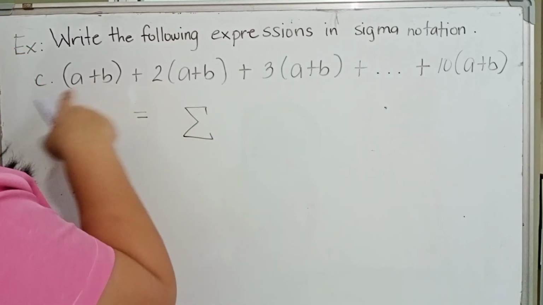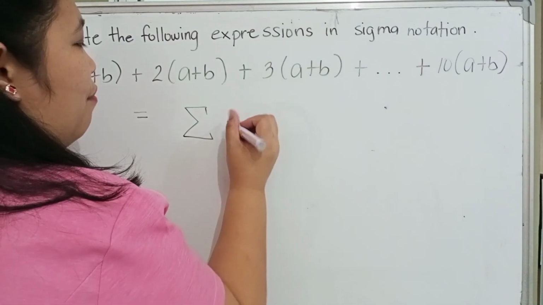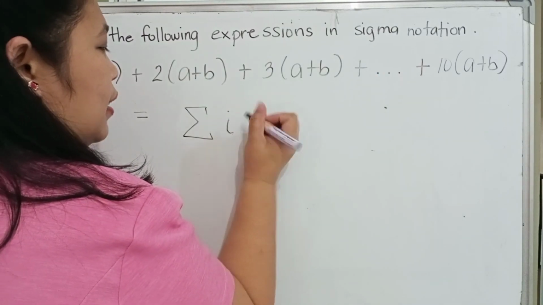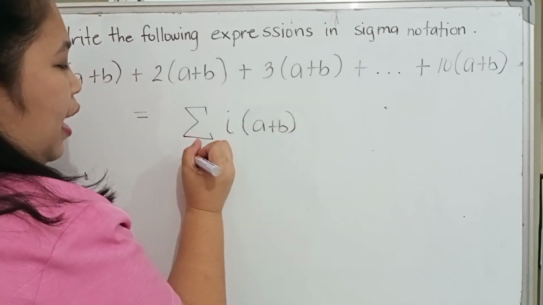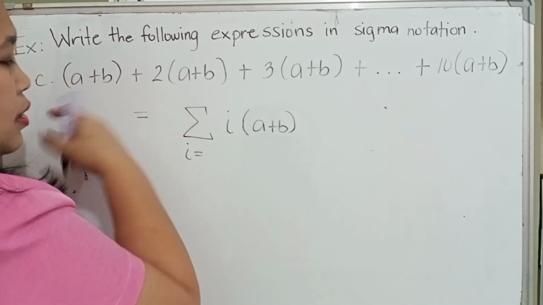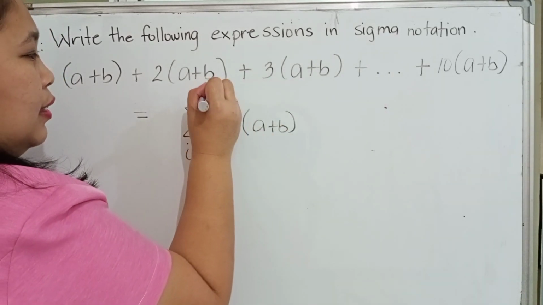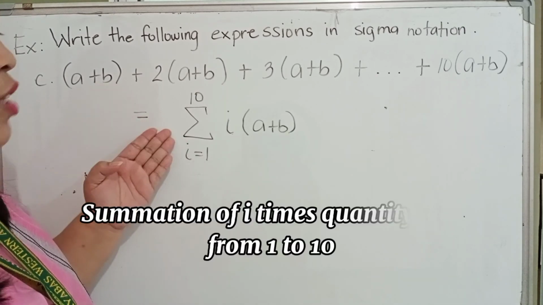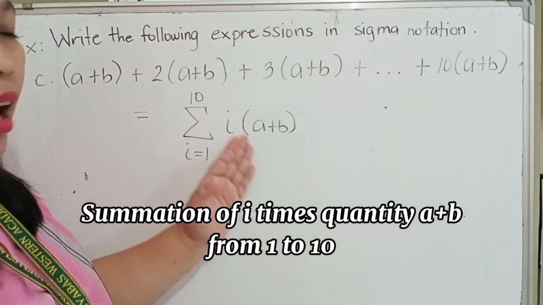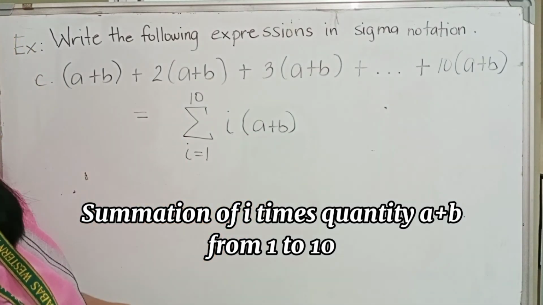And then since you notice that we have 1, 2, 3, and so on up to 10, therefore you have i times the quantity of a plus b, wherein i ranges from 1 up to our upper limit, 10. So therefore, this is read as the summation of i times the quantity of a plus b from 1 up to 10.